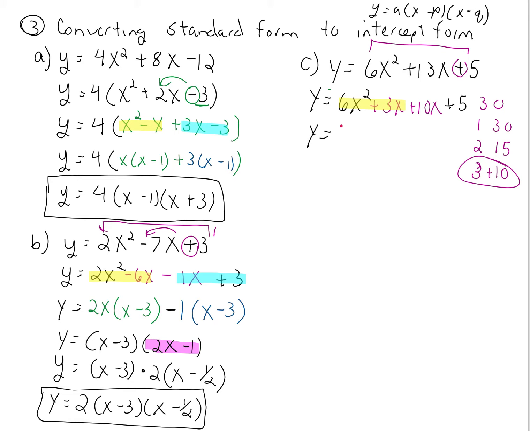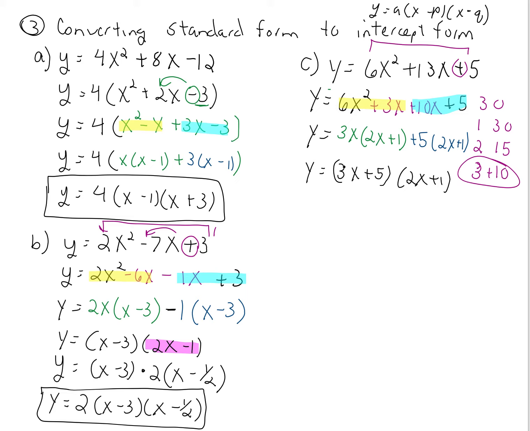And I see I can factor out a 3x, and that leaves me with a 2x plus 1. Then I want to look for my GCF of these two terms. Again, the plus sign has to come down. 5 is in common, so it leaves over 2x plus 1. Yes, what's in parentheses is the same. So I can rewrite this as y is equal to 3x plus 5 times a 2x plus 1.